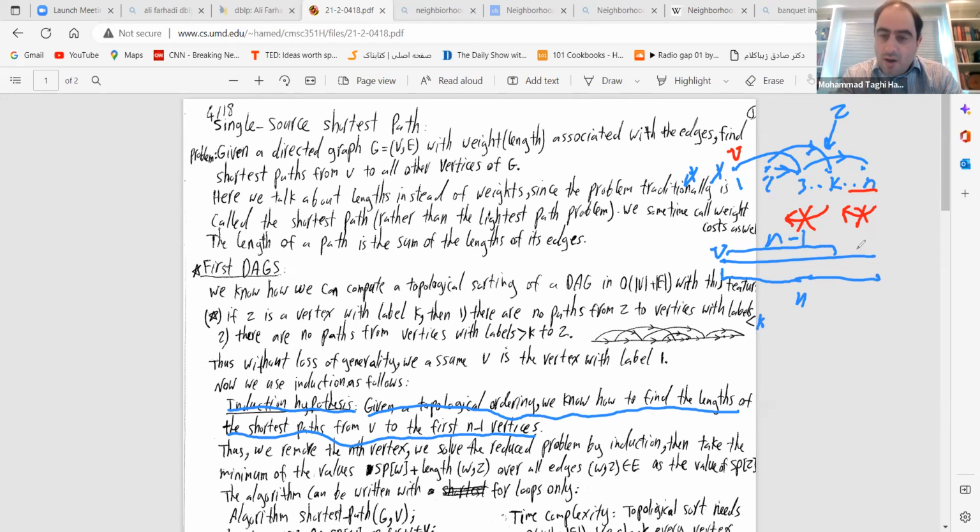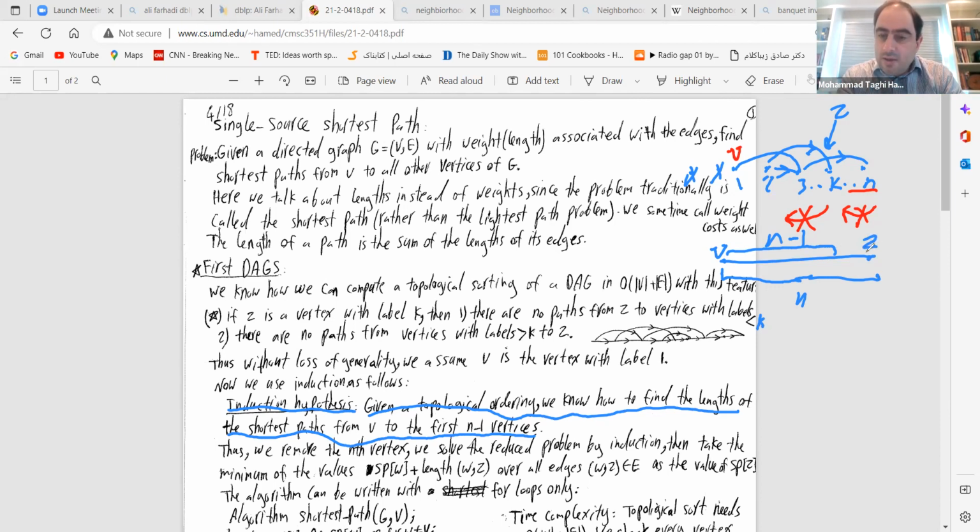Good. Now let's consider the vertex Z. So this is a vertex Z that we have.